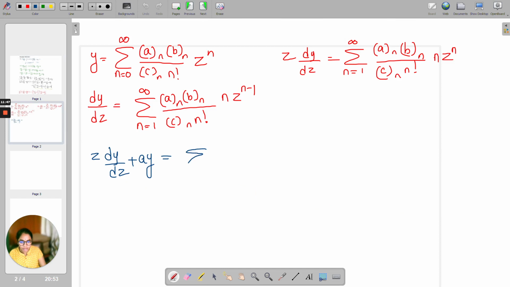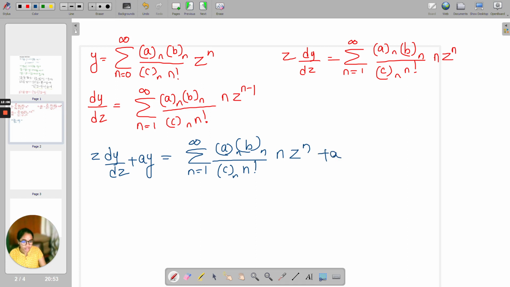It is summation n is equal to 1 to infinity an, bn divided by cn n factorial n into z power n, right?